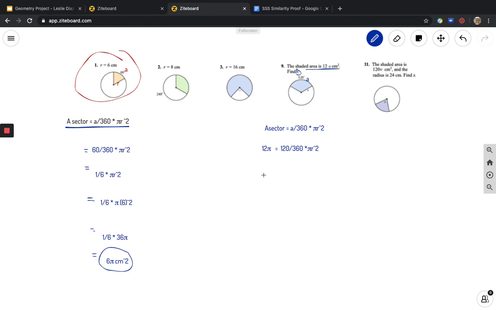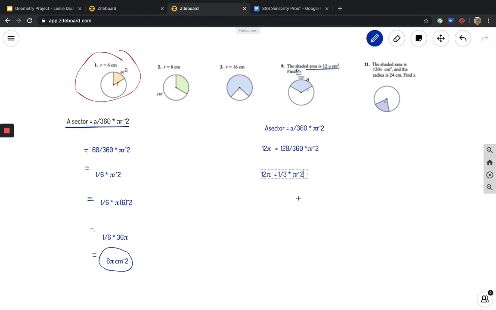What we can do here, first off, in order to get rid of the big numbers, we can simplify our fraction. So that's going to equal 1/3, because we can divide 360 3 times by 120. So we're going to get 1/3 times pi r squared.